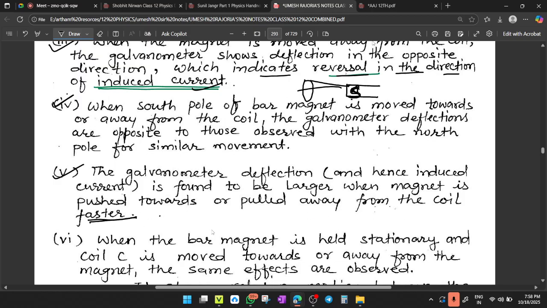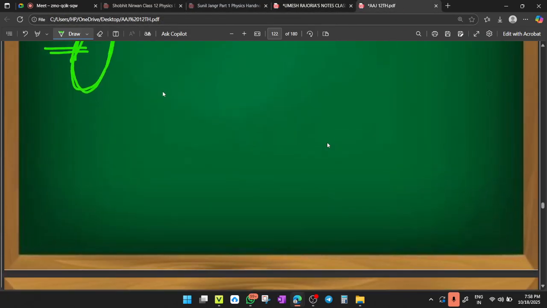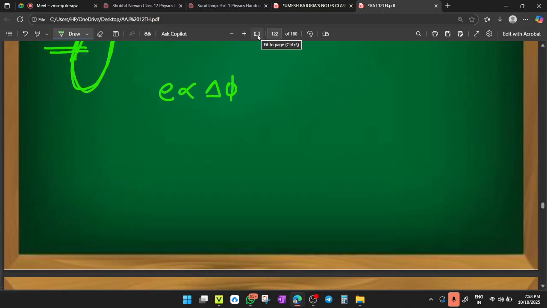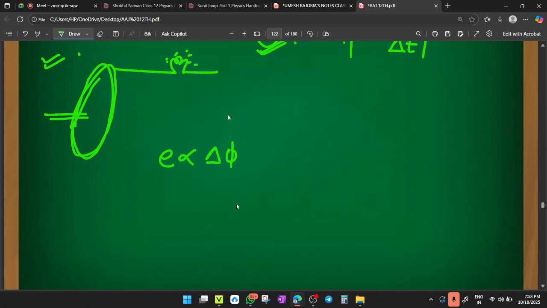Yes. First thing we have seen is that the induced EMF, the amount of EMF, is directly proportional to the change of flux. Okay. Greater the change of flux, greater we have seen the EMF. Okay or not? This was the first result, right, beta?